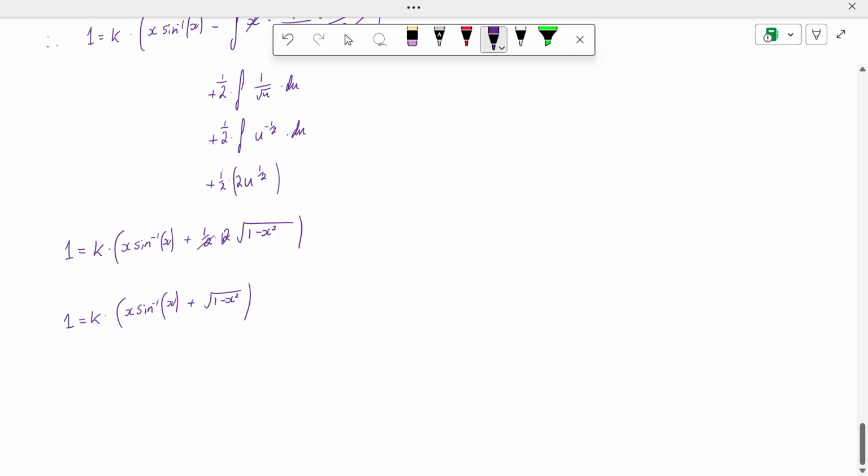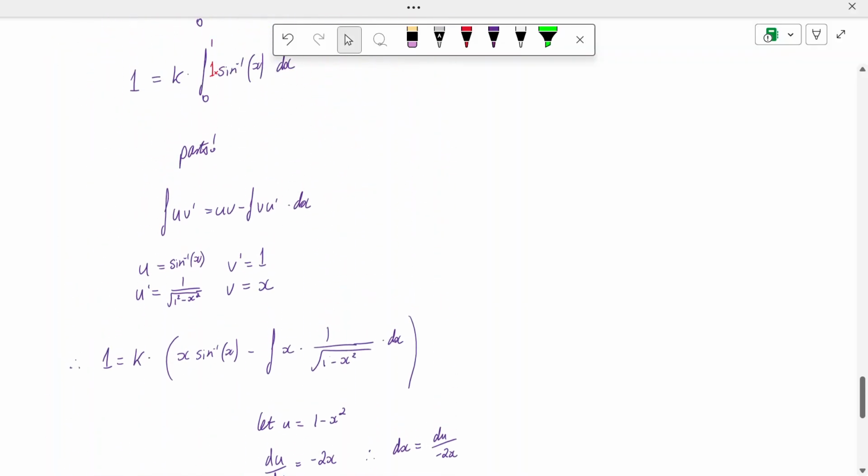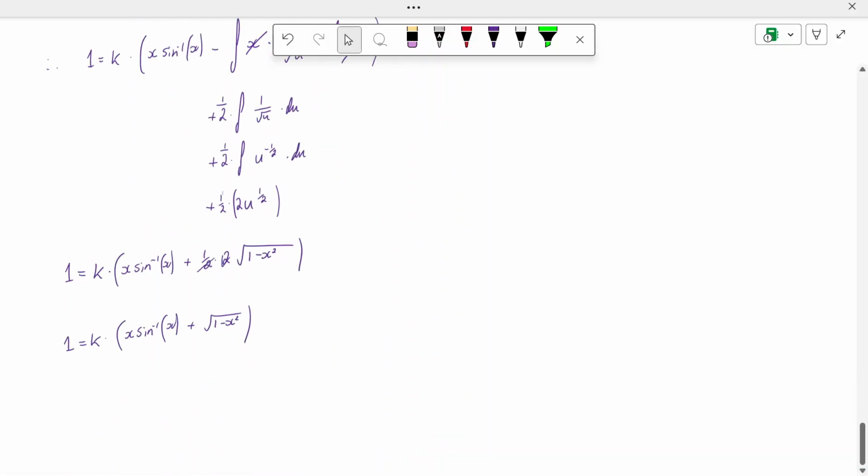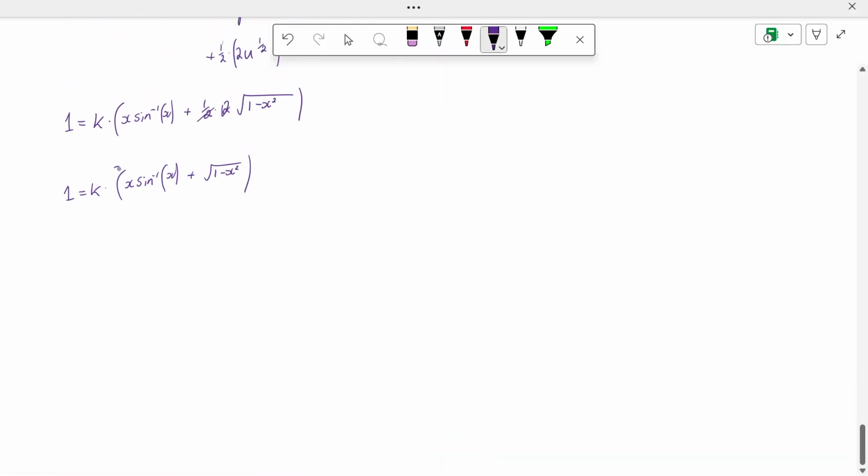Now at this point it's really easy to get lost in what you were doing. We were finding the integral between 0 and 1. So now that I've actually found the integral, I need to remember to find the definite integral here. So that's going to look like subbing in 1, which would be 1 times arcsine of 1 plus square root of 1 take 1 squared.